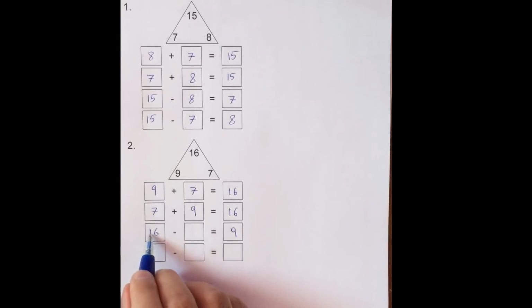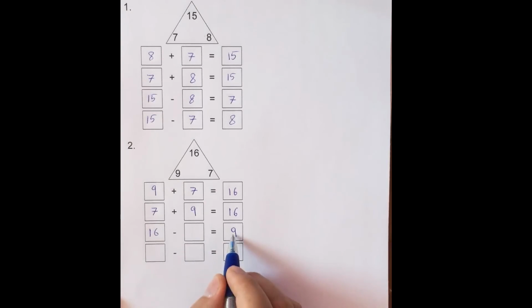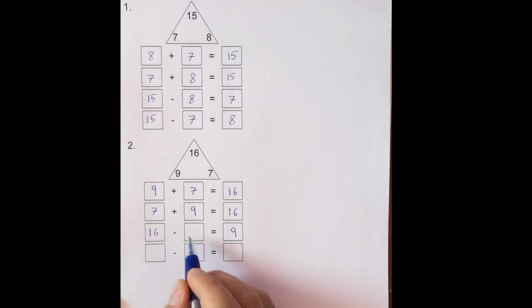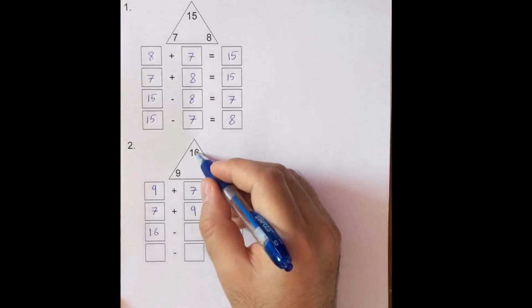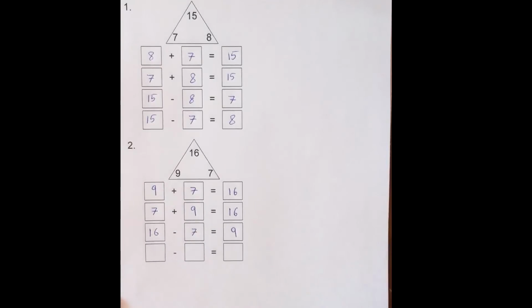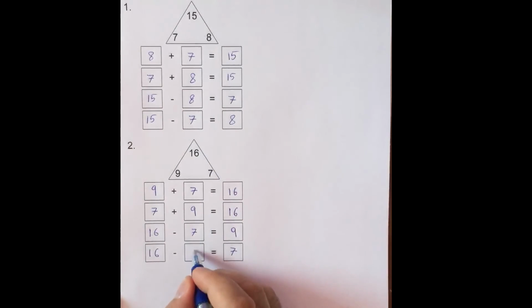If this was negative, that largest number goes in the middle. But because this is positive, the largest number goes on the left side. So when you use 16 and 9, what is left? 7. Automatically, you know that 7 has to go there. Now we write 7 over here, and we start with 16. When you use 16 and 7, what is left? 9. So 9 goes over here.